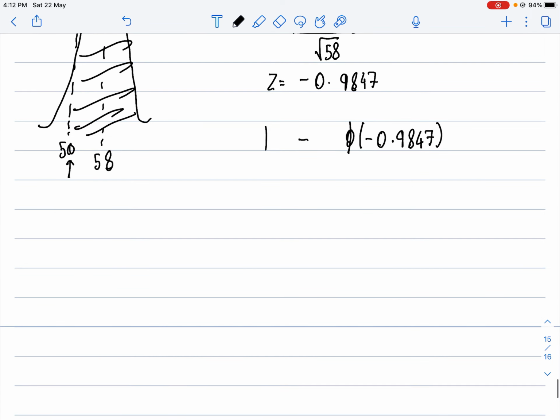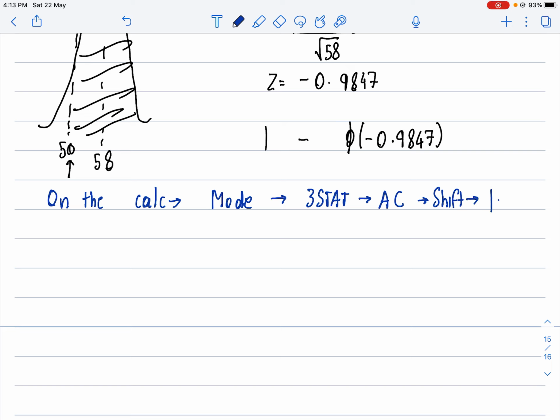Now on the calculator, I can first click on mode. When I click on mode, I can click on 3 where stat is written. Then I click on AC, then shift, then 1, and then 5.